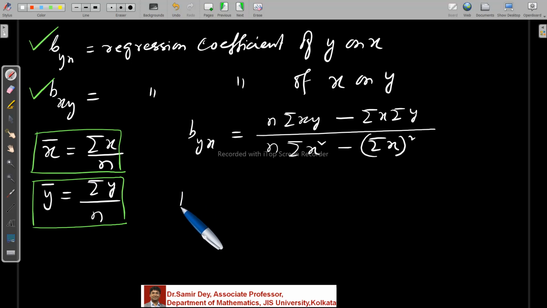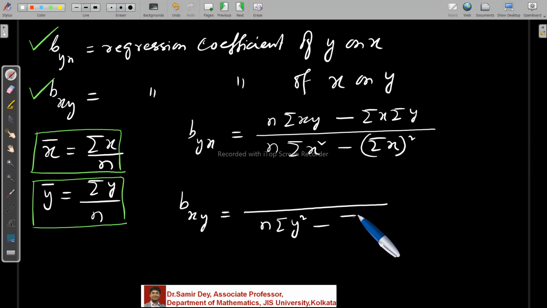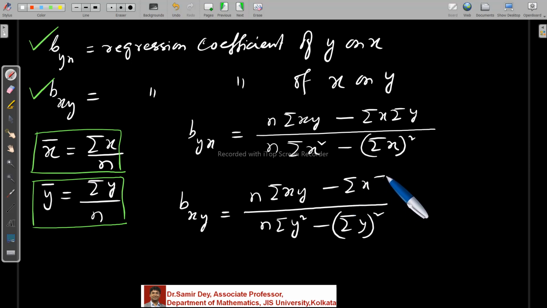Another one you have, bxy is equal to n summation xy minus summation x summation y over n summation y square minus summation y whole square. Is it clear? Interestingly, you can see the denominator part is different but the numerator part is the same.